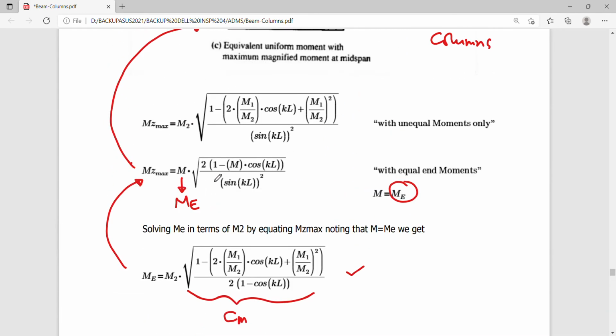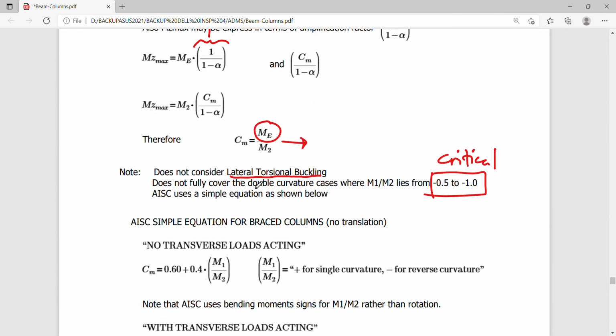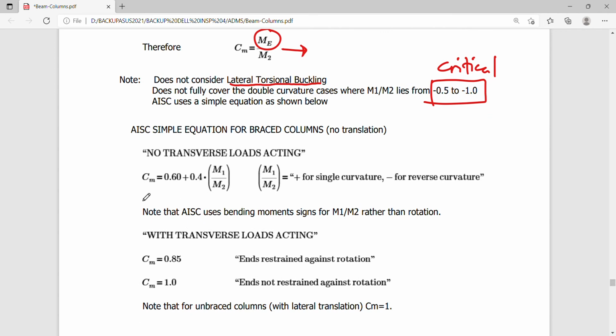Okay, so for us to simplify things out, the AISC recommends the use of this formula, and this formula happens to be shown in a form wherein there is a subtraction, no, of the second expression from the first.